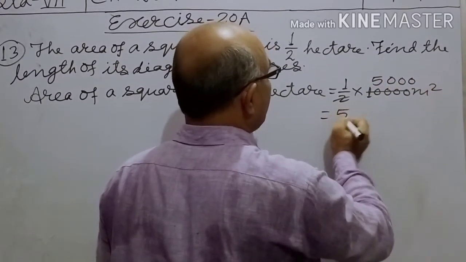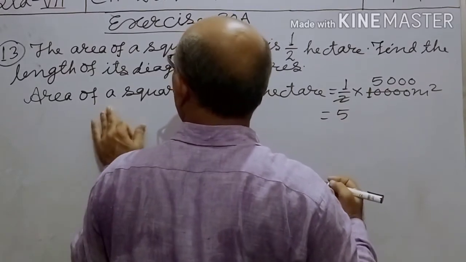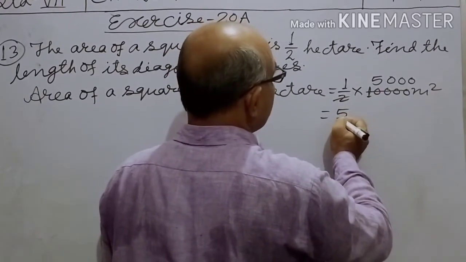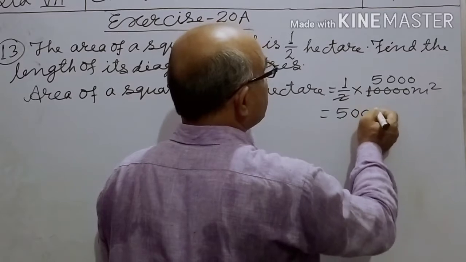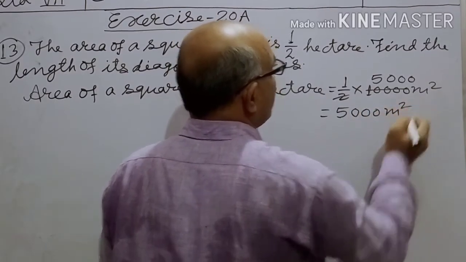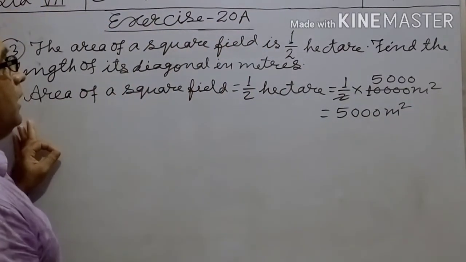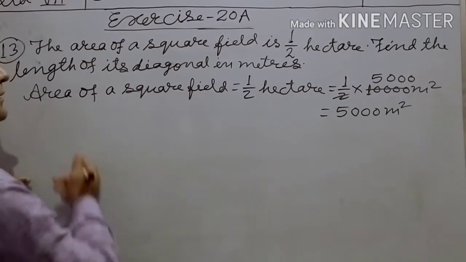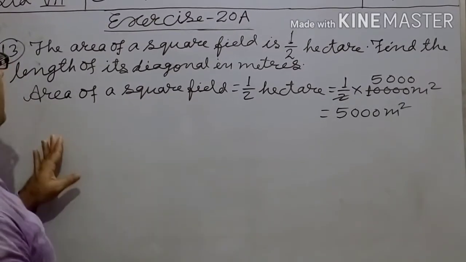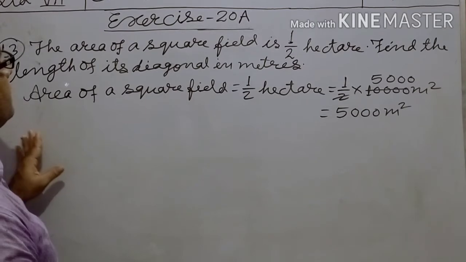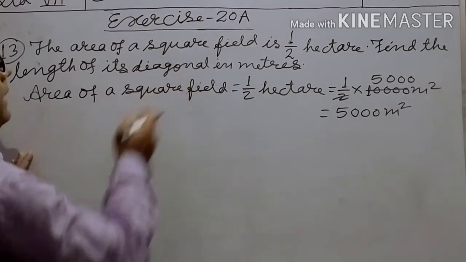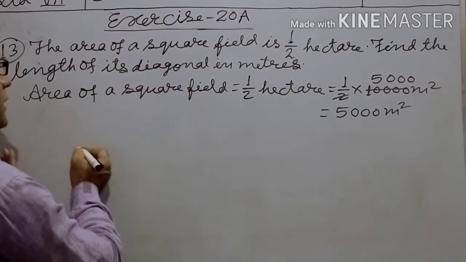Equal to area of a square field is 5,000 meter square. Now find the side of a square, for finding the diagonal of a square.